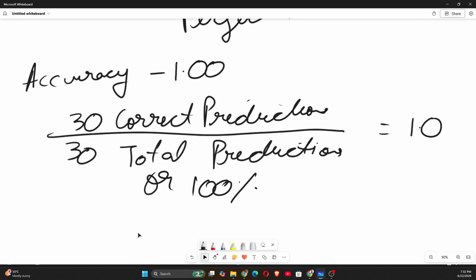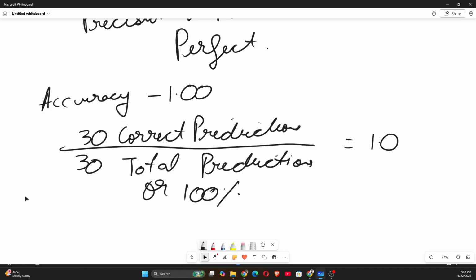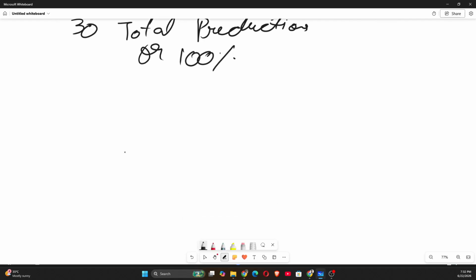Okay, macro average is not very important, but I will tell you. Every class gets equal importance in it: score of class 1 plus score of class 2 plus score of class 3, divided by 3. That is macro average. And weighted average, I will tell you the formula also.